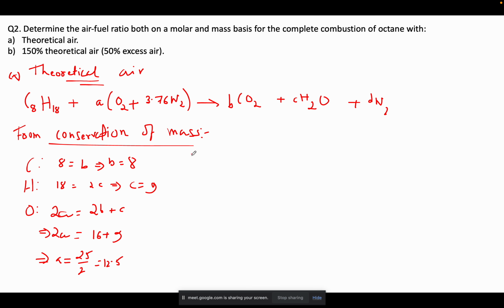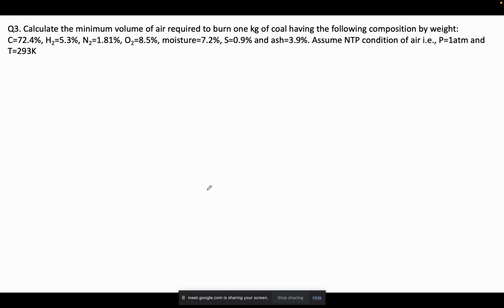Okay, now then we will do this same for nitrogen, that is A into 3.76 is nothing but D. Okay, so from here D is equals to 12.5 into 3.76. This is 47.